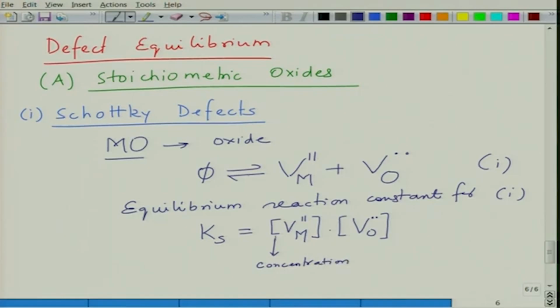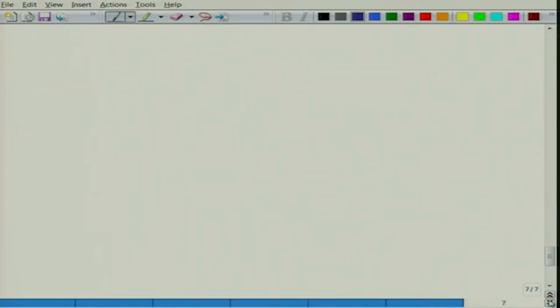The equilibrium constant for a given reaction can also be expressed as follows: we can write delta Gs for this reaction as minus RT ln Ks. When we say free energy, by definition it means Gibbs free energy in these systems.